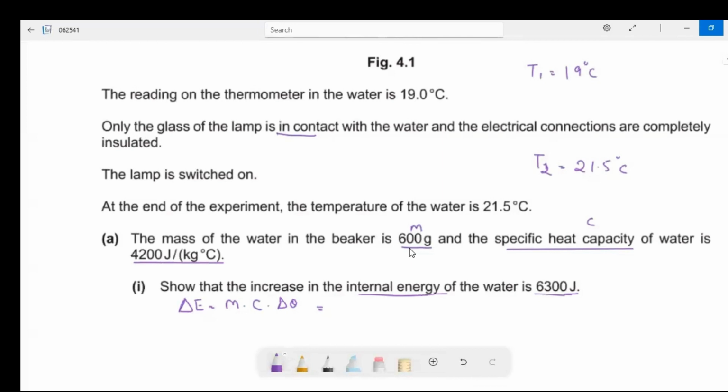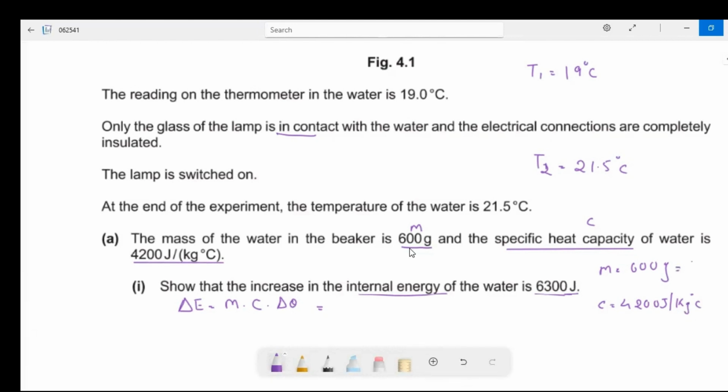Mass is given as 600 gram, but our specific heat capacity is in kilogram. Here M is equal to 600 grams, but C is given as 4200 joules per kilogram degree Celsius. So this needs to be converted to kilogram, that is divided by 1000.